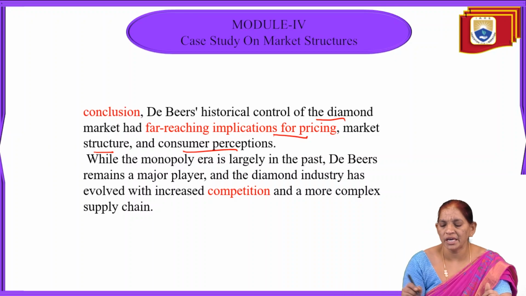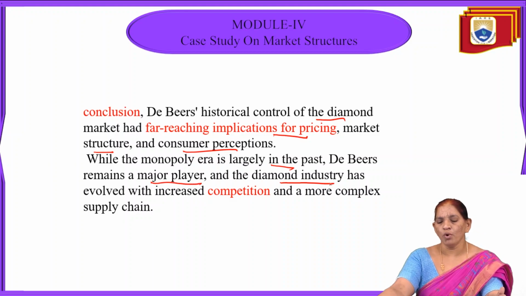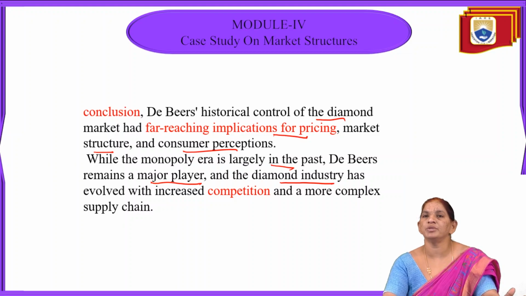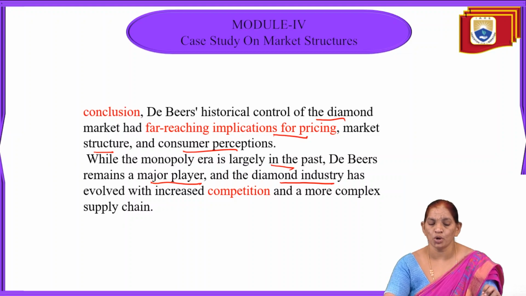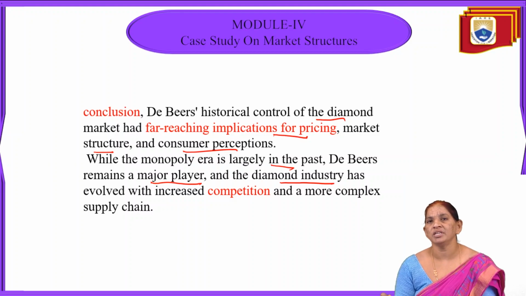While the monopoly era is largely in the past, De Beers remains a major player in the diamond industry, which involves increased competition and more supply chain management. It means that as it has sustained the same type of business for a longer period, it has its own goodwill in the diamond industry, it has competed well in the market, and more complexity in supply chain management has been added.